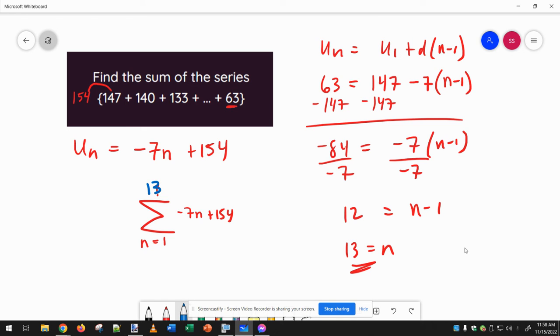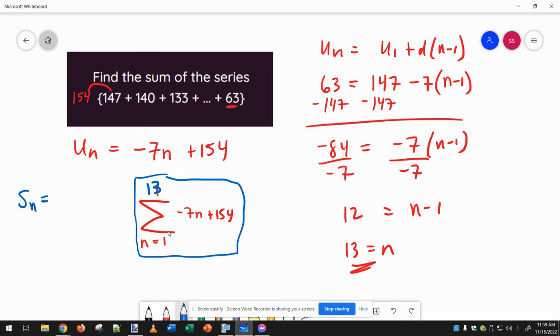Now I could just type this into my calculator in sigma notation, and it will calculate the sum for me. Or at this point now you could go back to one of the formulas for Sn. Either one, there's two of them.